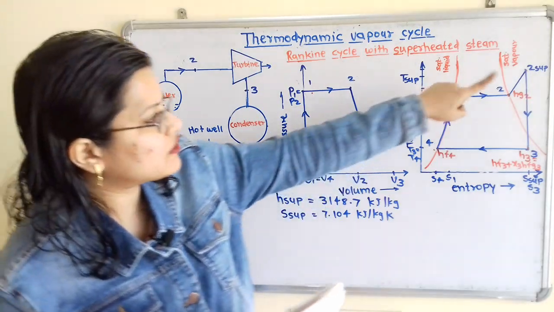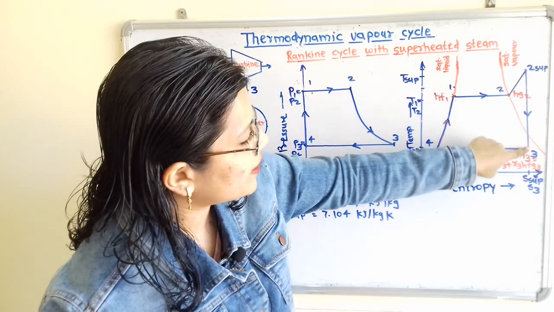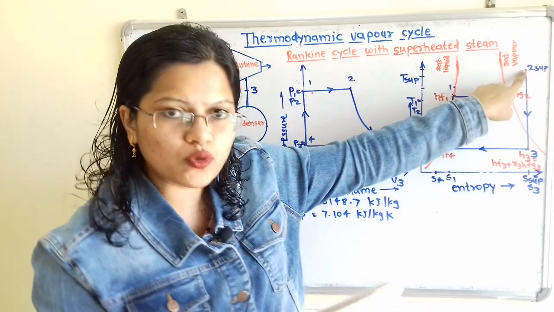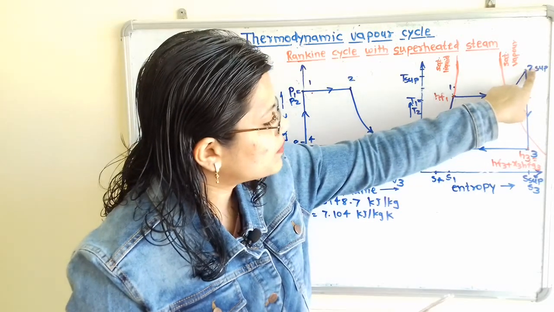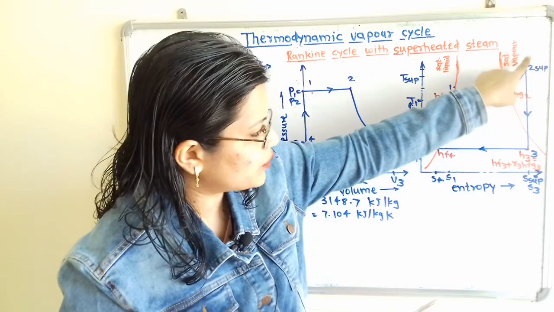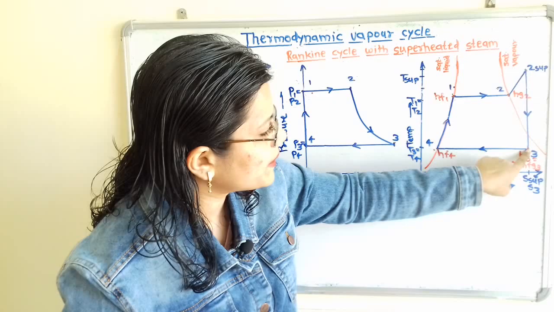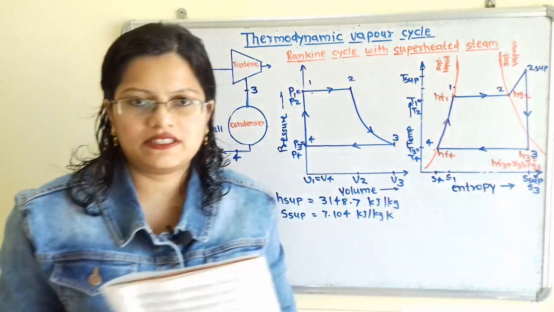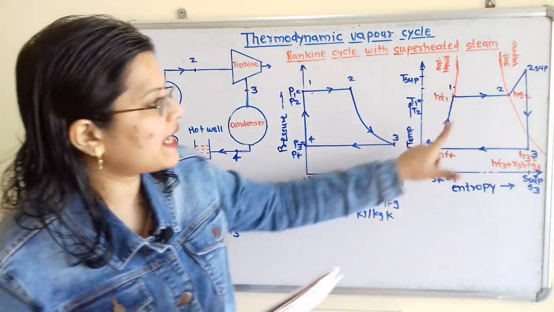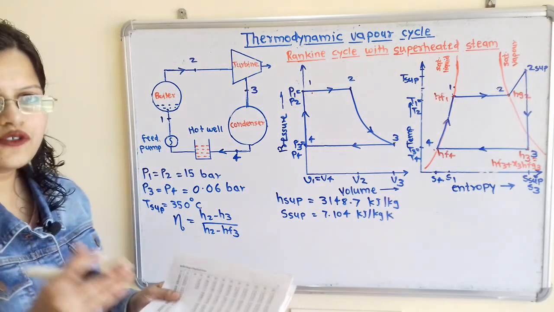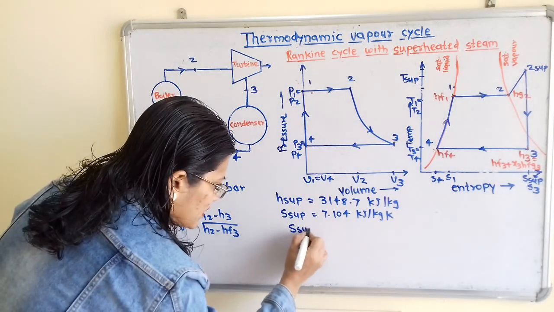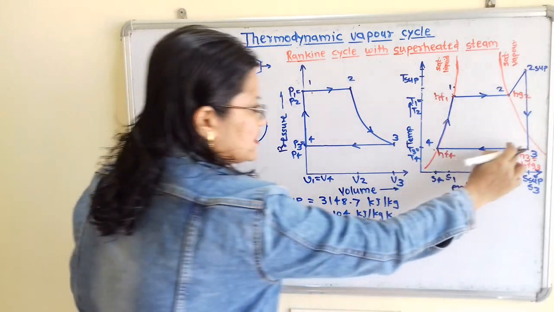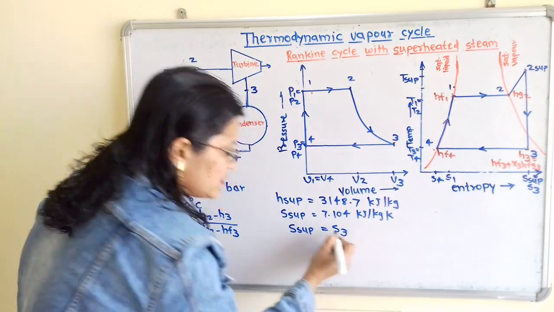If we observe point 2 and point 3, the entropy of the superheated steam at point 2 is equal to the entropy at point 3, that is S3. So from the diagram we can write S superheated is equal to S3, the entropy at point 3.